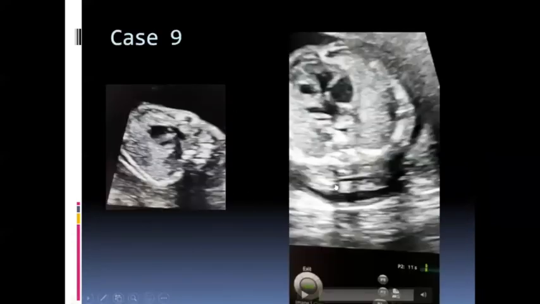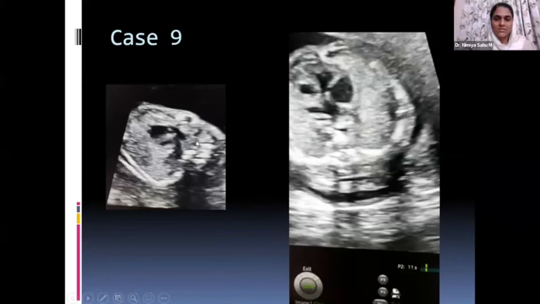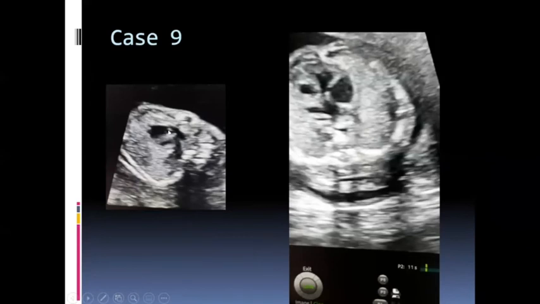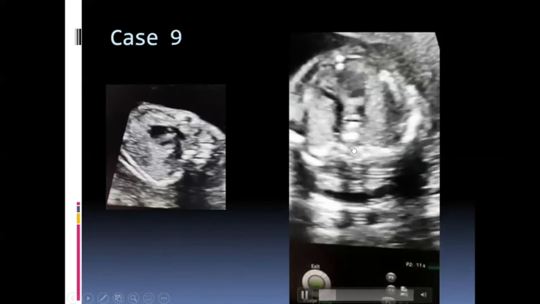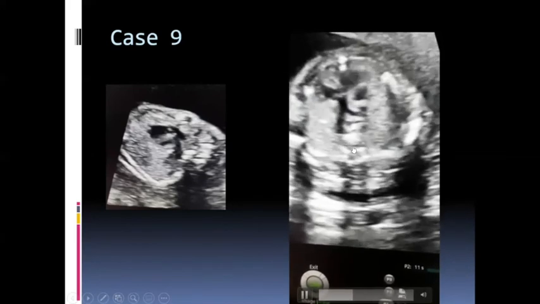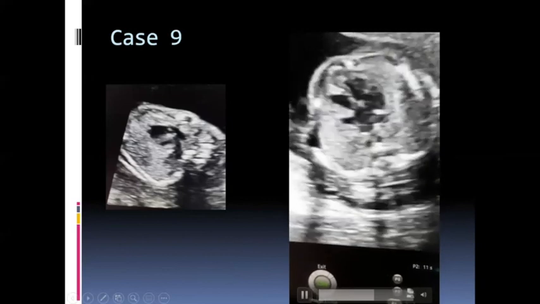Any guesses? There are two great vessels seen. TGA. Yeah, TGA, which is parallel. If you see something like this, we should immediately suspect TGA. But just with the two parallel vessels, we should not say it's TGA.